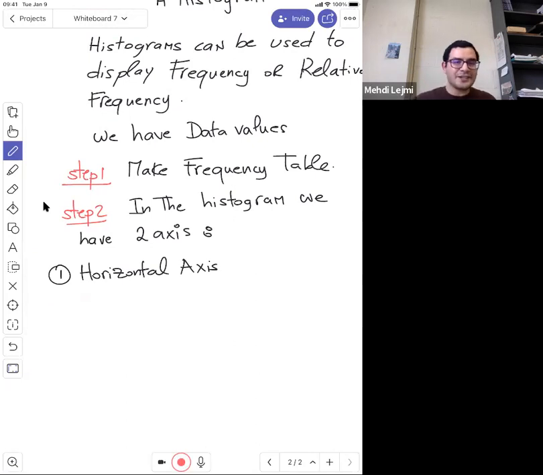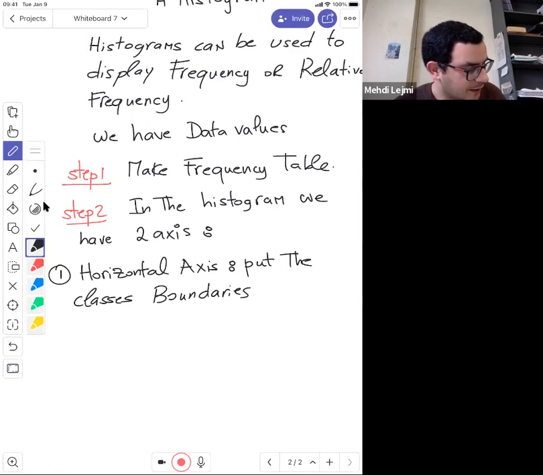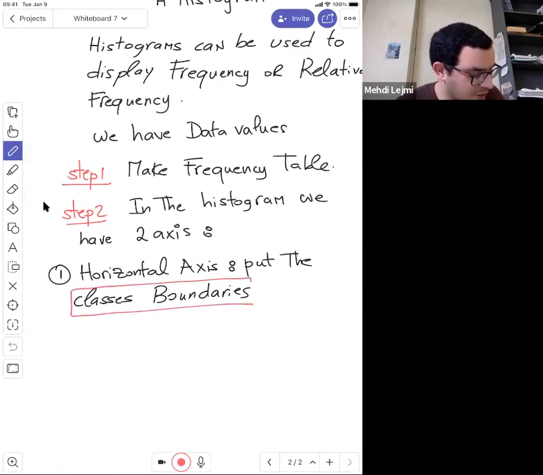In the horizontal axis, what we use is the classes boundaries. So here we put the classes boundaries. For the horizontal axis, that's what we use, the classes boundaries.